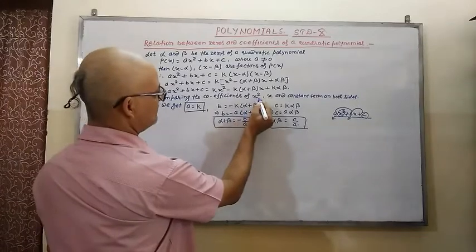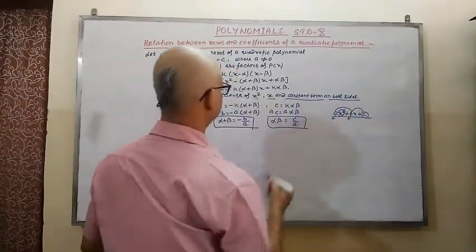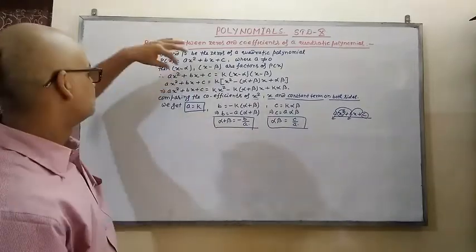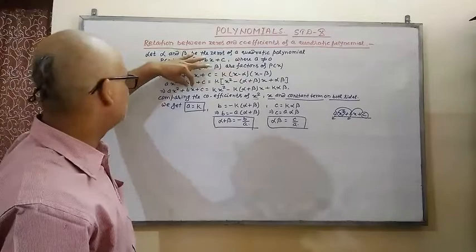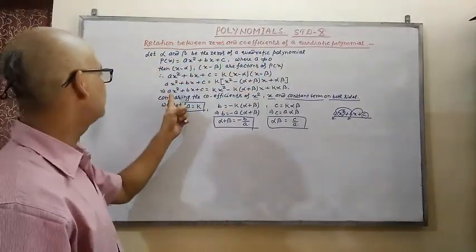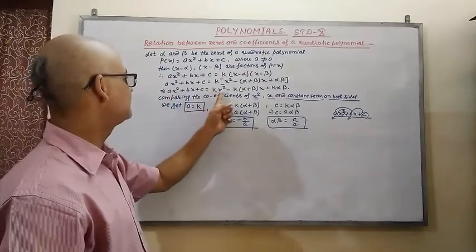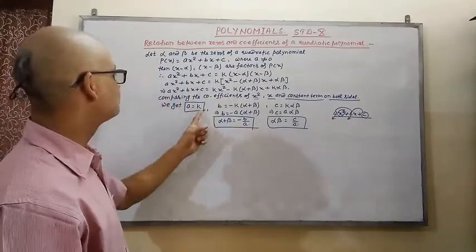Comparing the coefficients of x square, x, and constant term on both sides. Now we compare the coefficient of x square on both sides, the coefficient of x on both sides, and the constant term. So here ax square and kx square, when we compare, then a is equal to k.